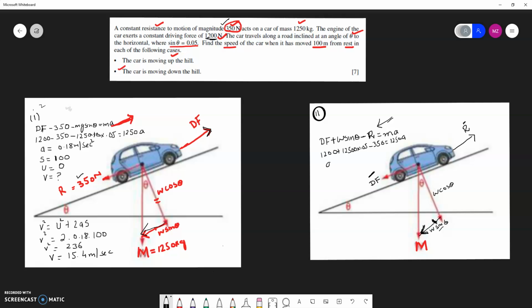And by simplifying this equation, you will get the value of acceleration. And in the downhill case, the acceleration will be 1.18 meter per second square. So we have calculated the acceleration from this equation.